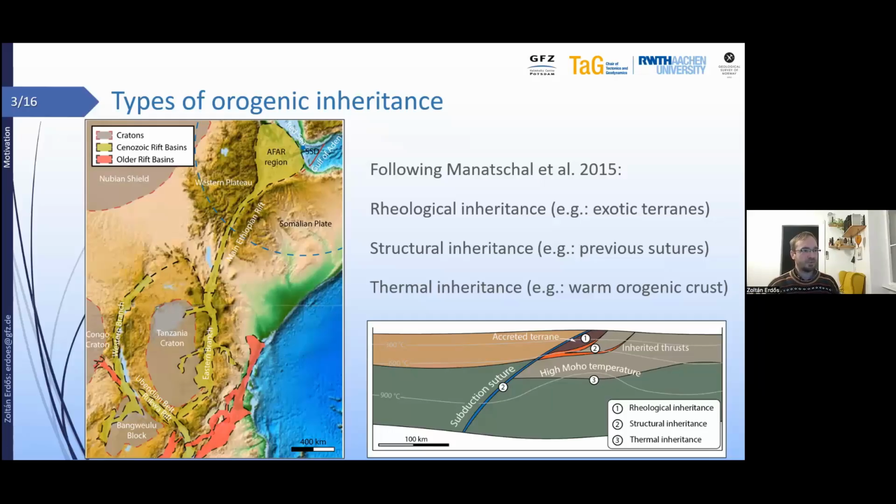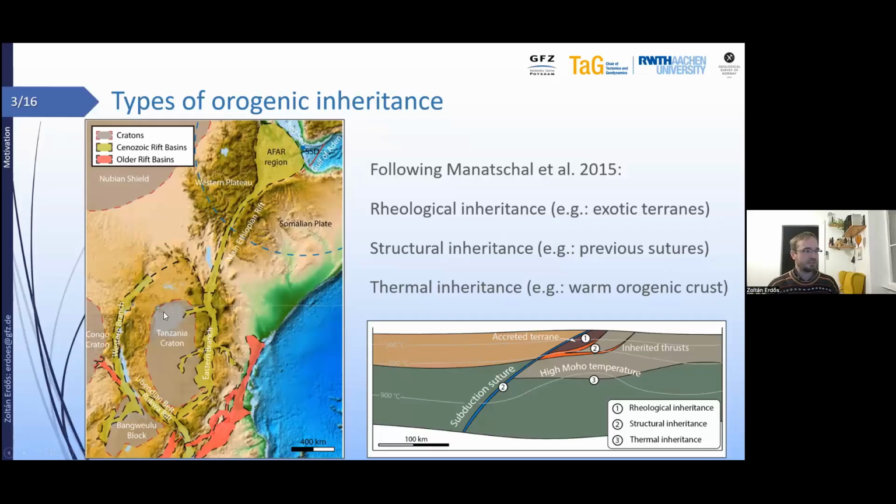So the rheological inheritance might be something that comes from exotic terrains, or from magmatic underplating. Basically, the root cause can be a compositional difference, a compositional anomaly within the lithosphere.